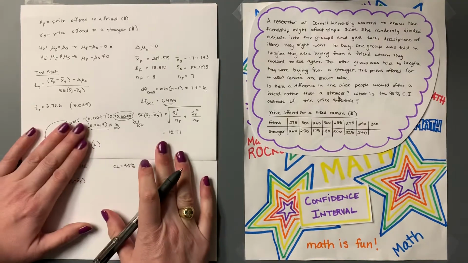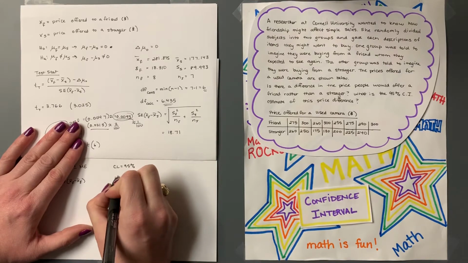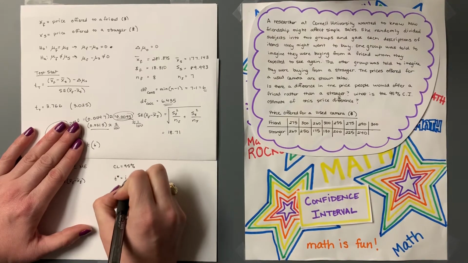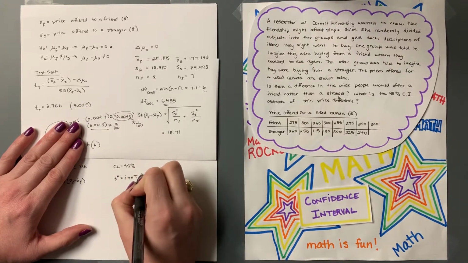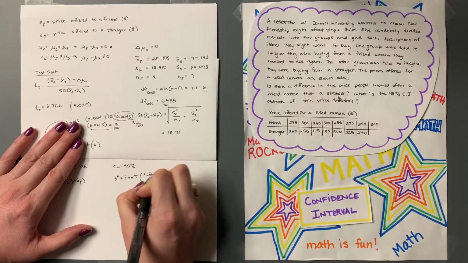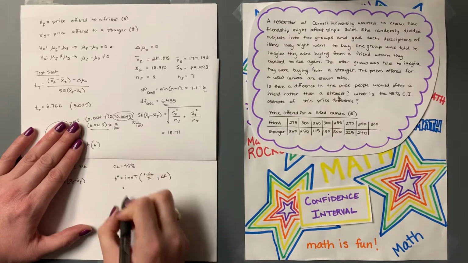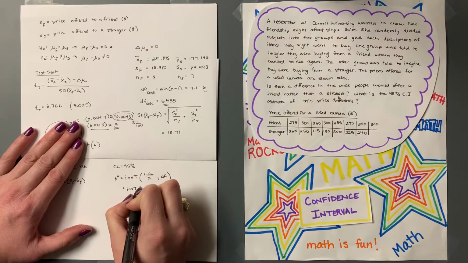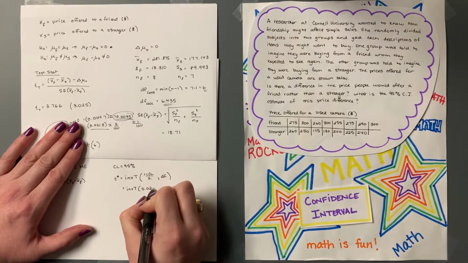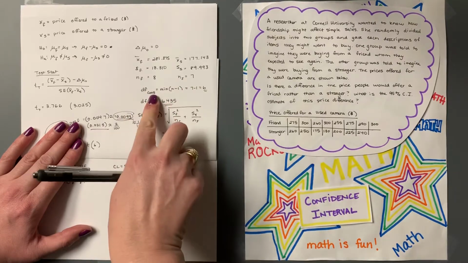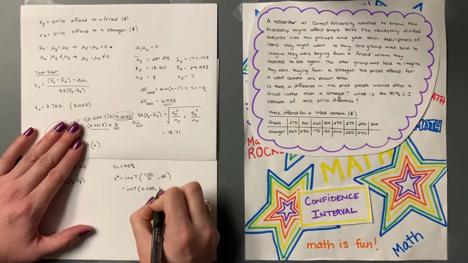So if we are finding our t-star value, we're going to use inverse t of 1 minus our confidence level over 2, and then the degrees of freedom. If I am doing this by hand, I'm going to use my conservative degrees of freedom, which is 6.